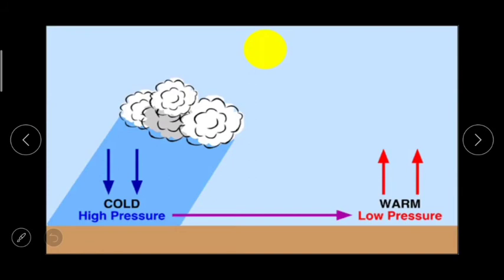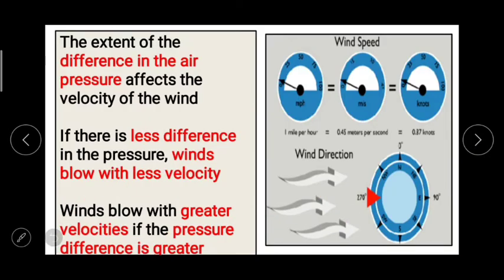The extent of the difference in the air pressure affects the velocity of the wind. Here now you can see cold, that is high pressure, and how it moves from high to low pressure. And because of this movement, we call air as wind.